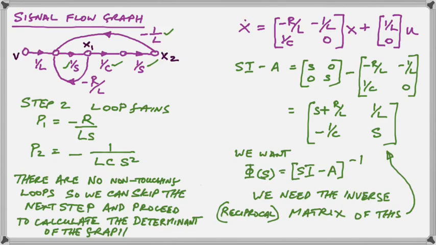All right, proceeding now further on with both of them. We have a very simple case of a signal flow graph here, and there are no non-touching loops. Those two loops are touching each other, which means they are using common segments or branches.